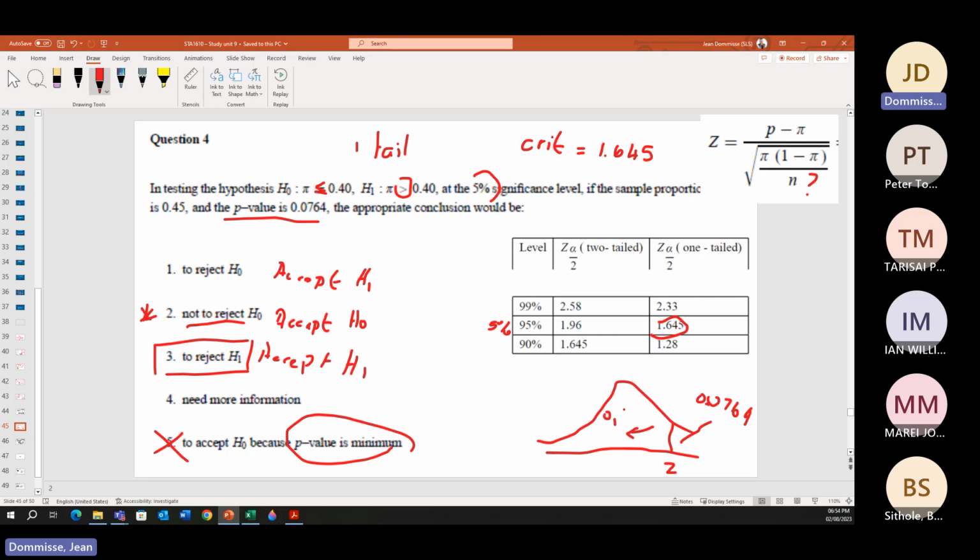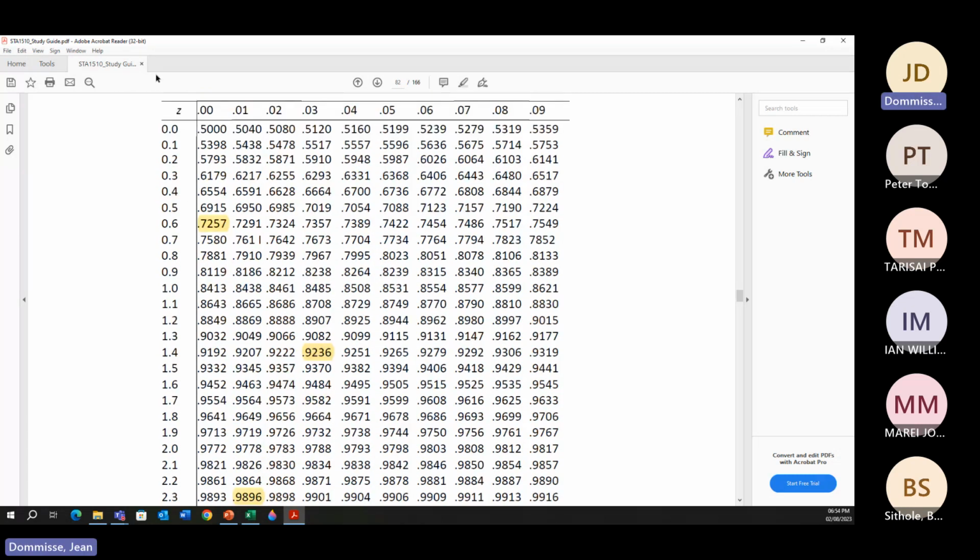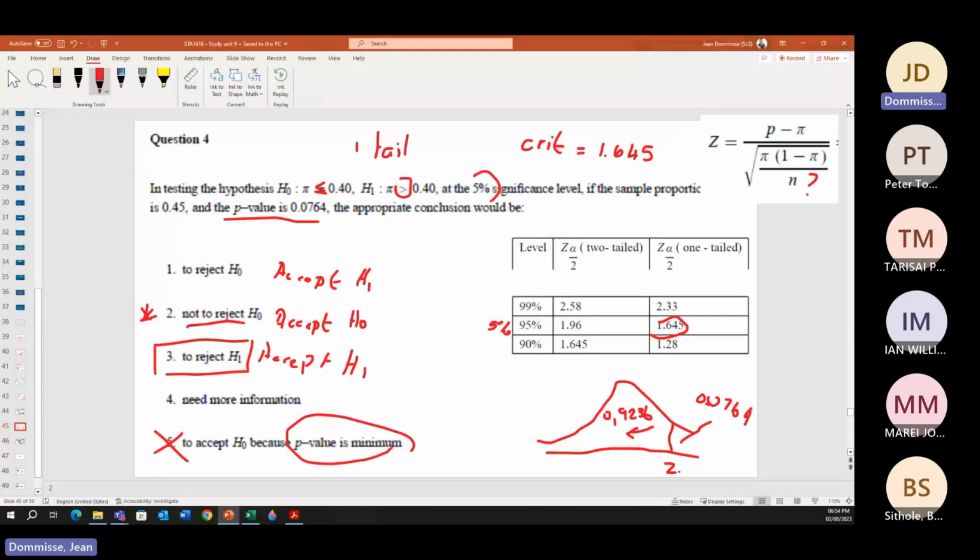So that is going to be 0.9236, 9236. There we have it. 9236 is 1.43. Okay, so we could actually work out that z as 1.43.